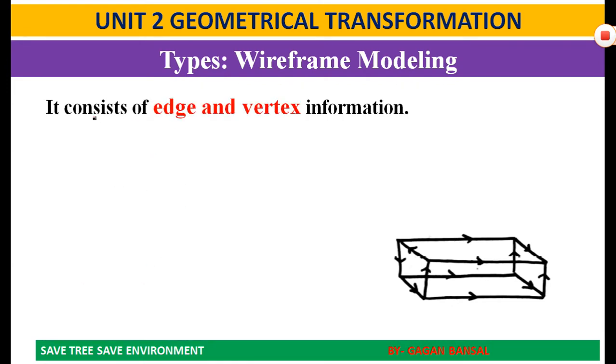Now, as I said, it consists of edges and vertex information. This is the elaborative explanation that I am providing related to wireframe modeling and all types of modeling. So you can take every point as an important point and you can note it down also, as this will help you to differentiate the 3 different types of modeling used in computer graphics.